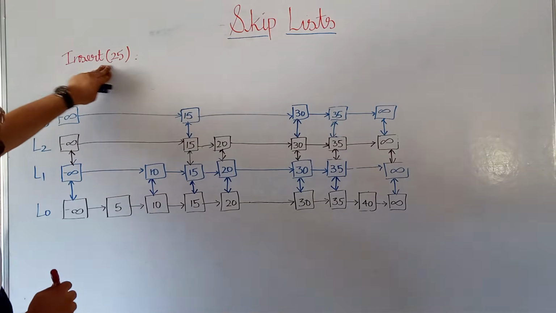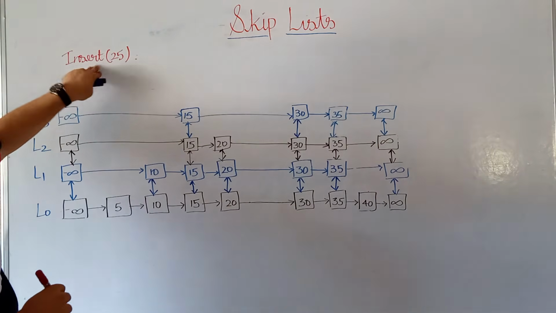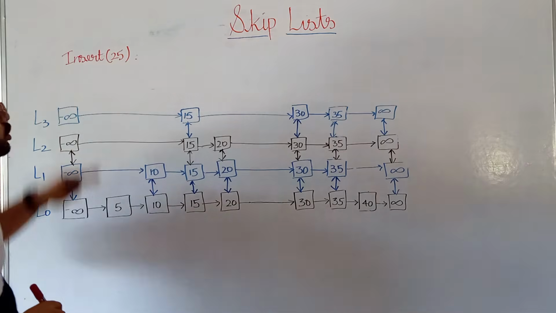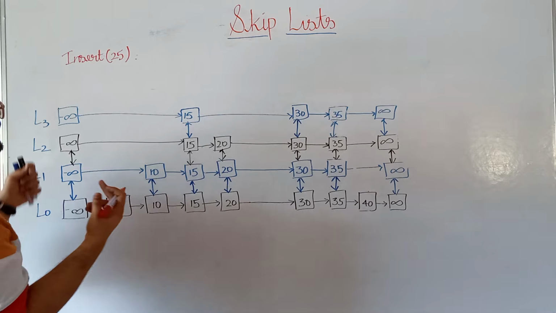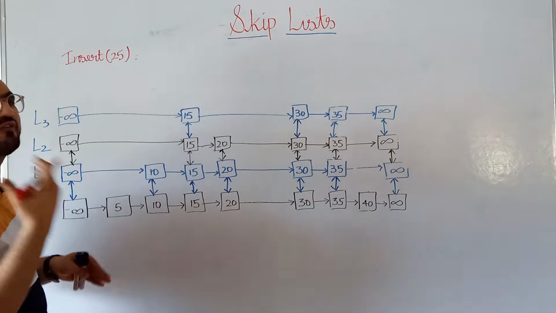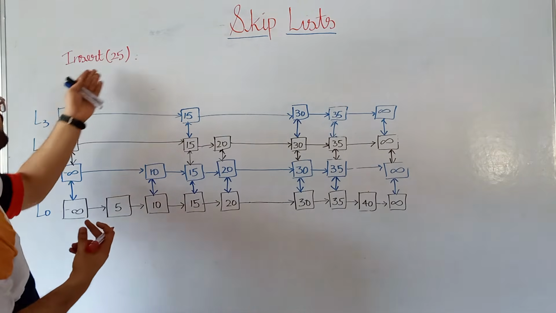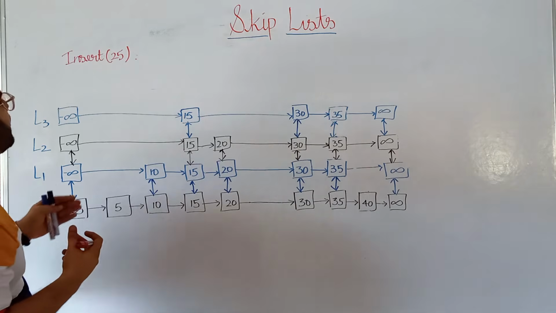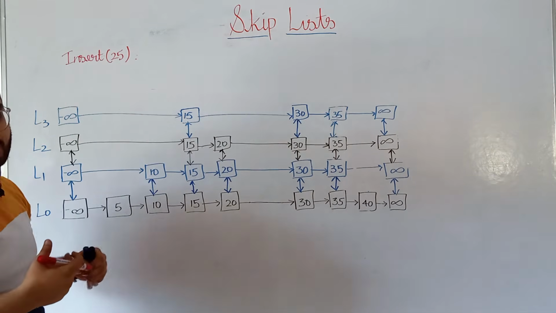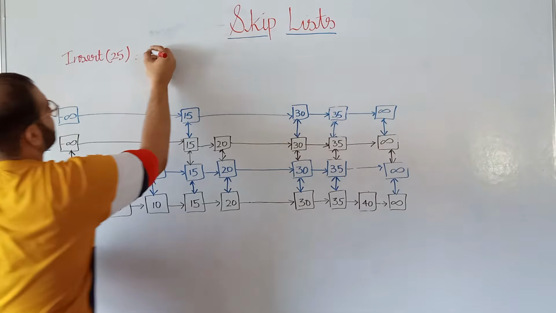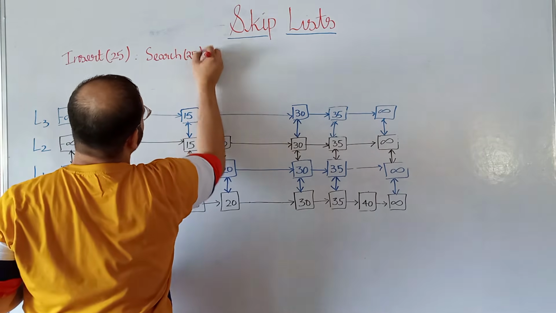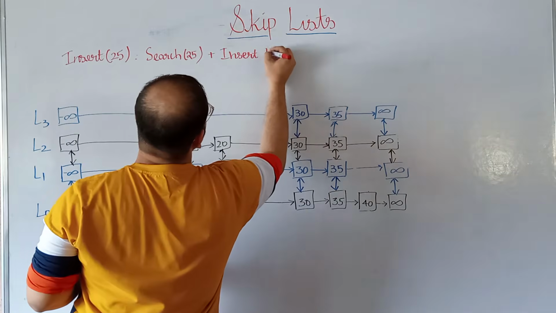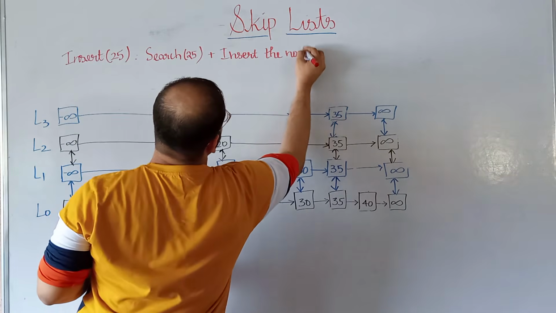In order to perform the insert operation, first we look for the position where we have to insert this node. To find the correct position, we need to search for this node. So we first search for 25, and then we insert the node.